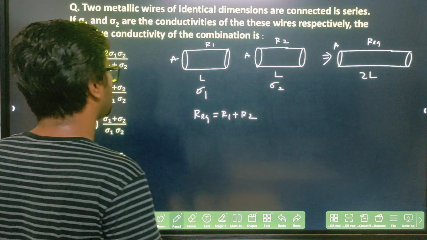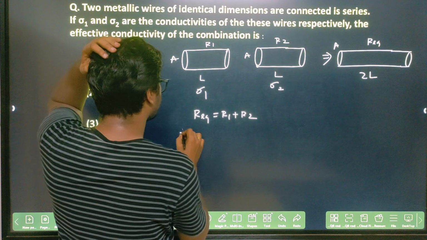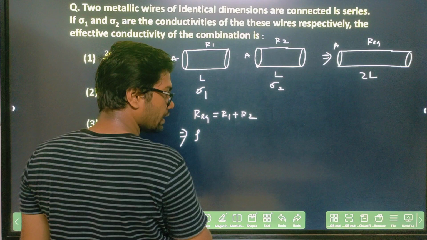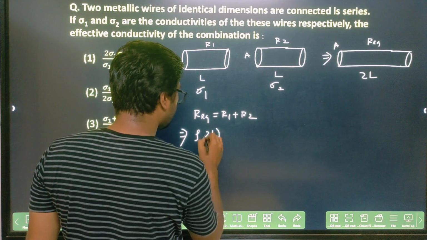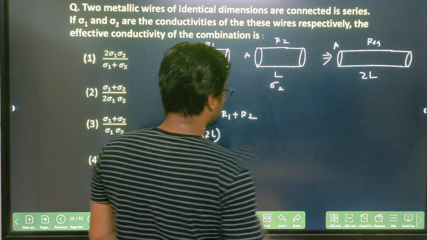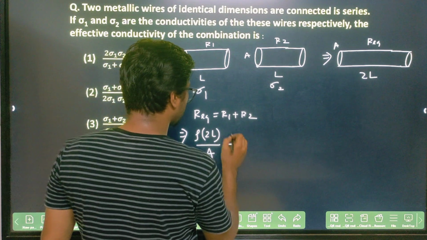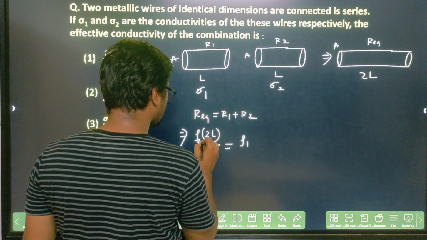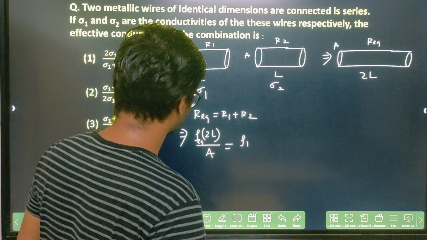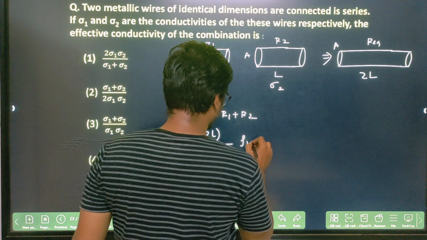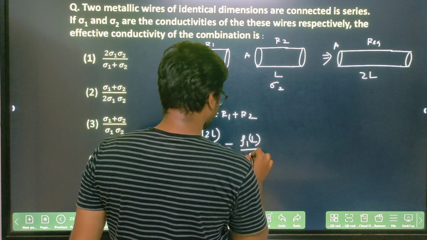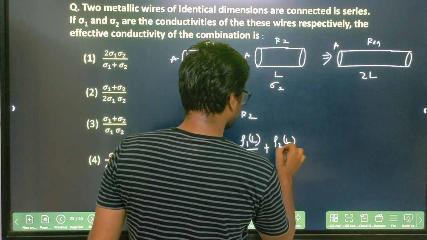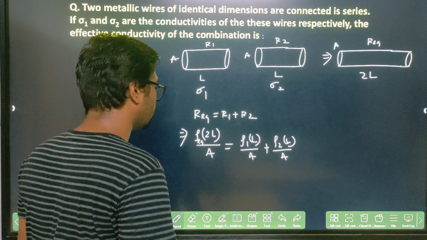So here R equivalent can be written as rho, that is resistivity, into 2L divided by A, is equal to R1, which can be written as rho 1 into length L divided by area A, plus rho 2 into L divided by area A. Clear?